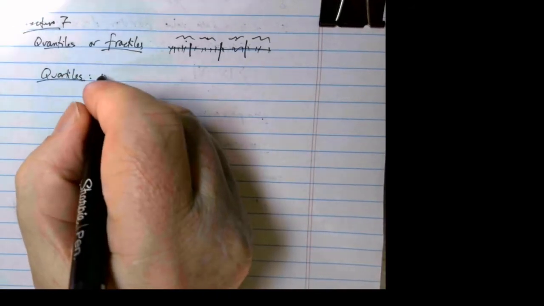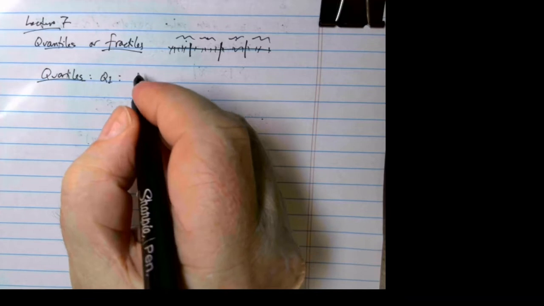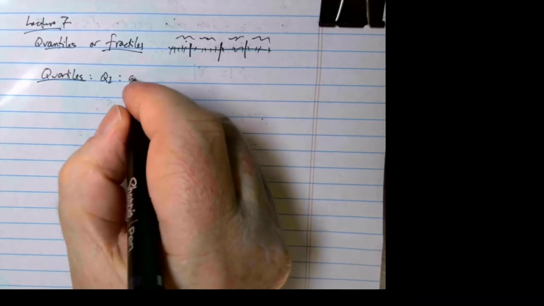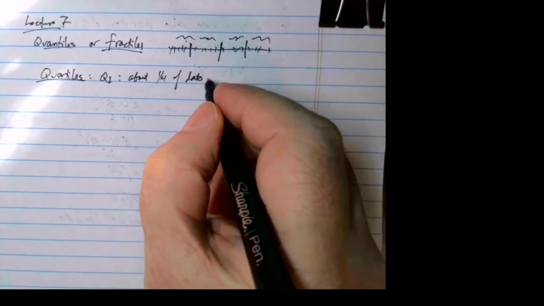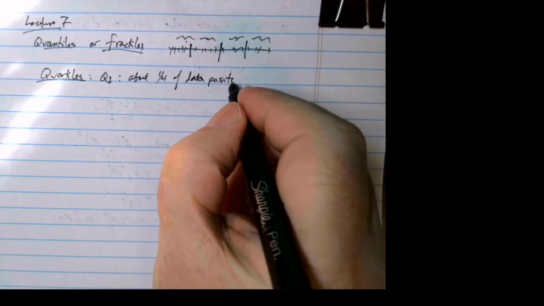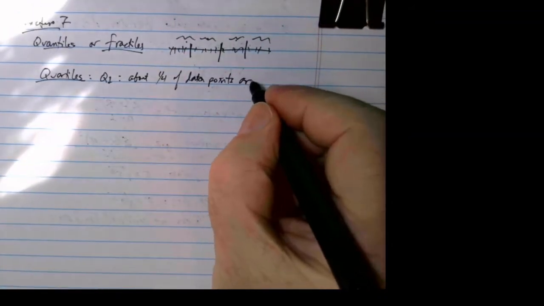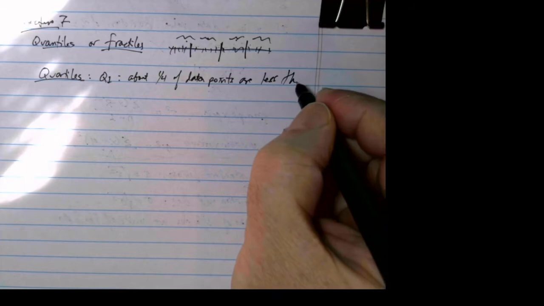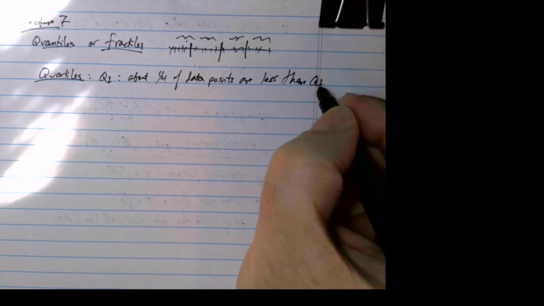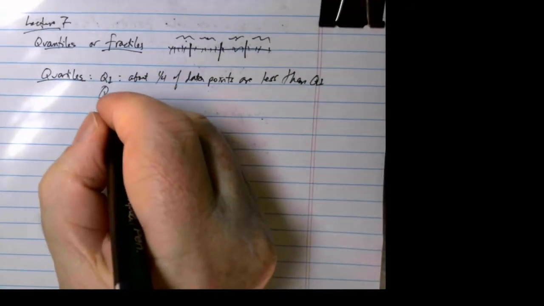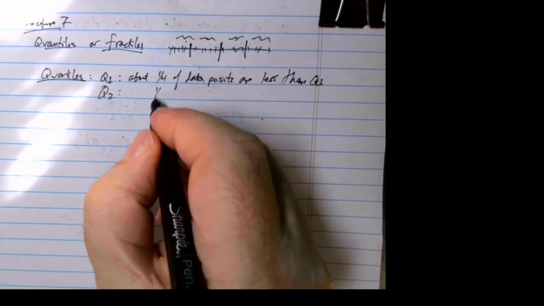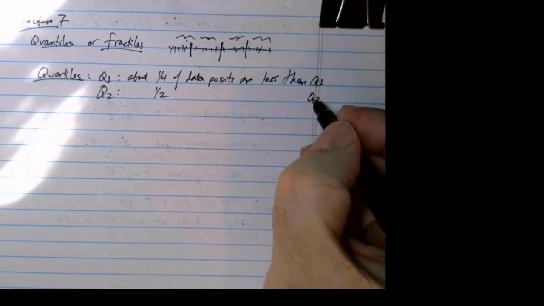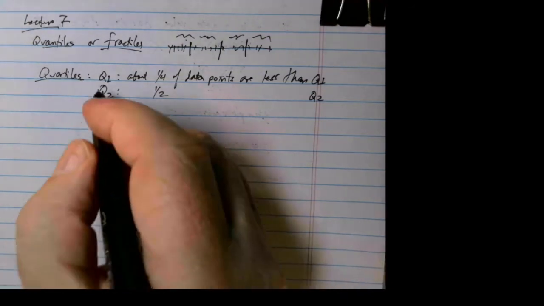Quartiles. The first one, Q1, is defined by, sometimes it can't be exact, about 1/4 of the data points are less than Q1. For Q2, about 1/2 of the data points are less than Q2. That means Q2 is the median. That's why I used Q2 to mean the median before.